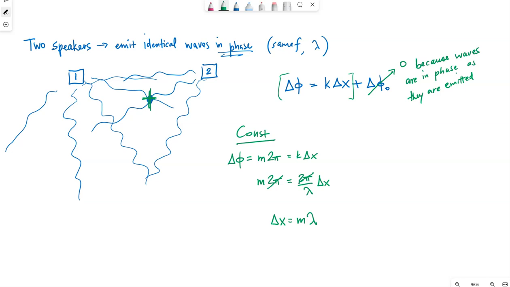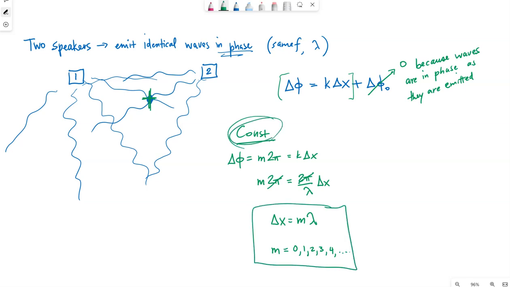If one wave travels a whole wavelength farther than the other, or 2 whole wavelengths farther, or 5 whole wavelengths farther, as long as it's a whole number, then we are going to have constructive interference, meaning twice the amplitude.